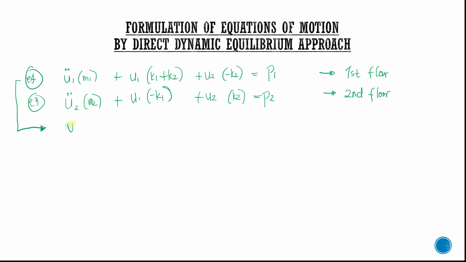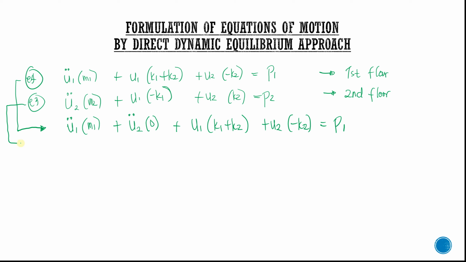So for the equation 4, we can rewrite that as the response acceleration for the first floor times the mass for the first floor plus the response acceleration of the second floor times 0, and then plus U1 times K1 plus K2 plus U2 times negative K2 is equal to P1. That is our newly written equation 4.